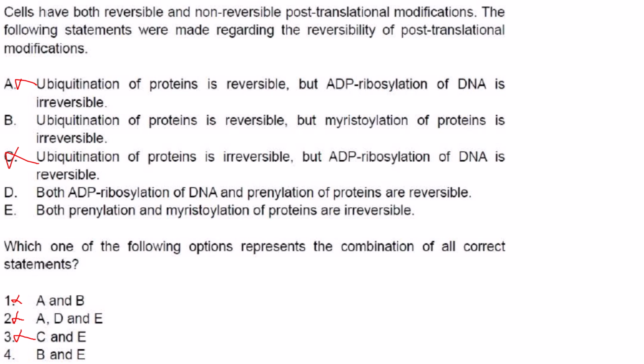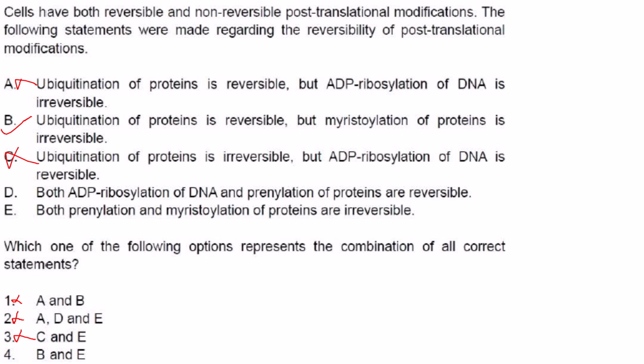Myristoylation involves the addition of myristate fatty acid to the N-terminal glycine, and it is mediated by the enzyme N-myristoyl transferase. It is an irreversible process, so B is going to be correct. Then both ADP ribosylation and prenylation of proteins are reversible.